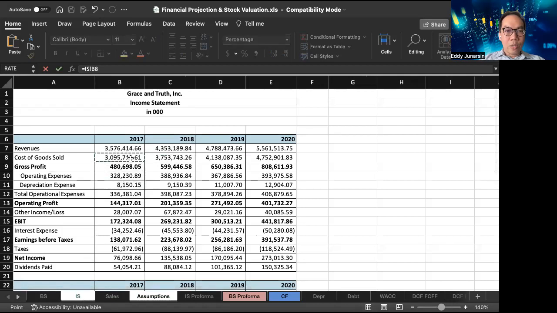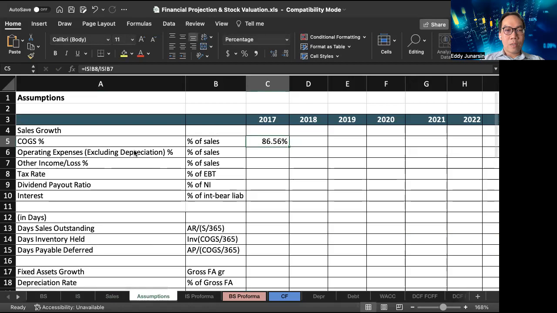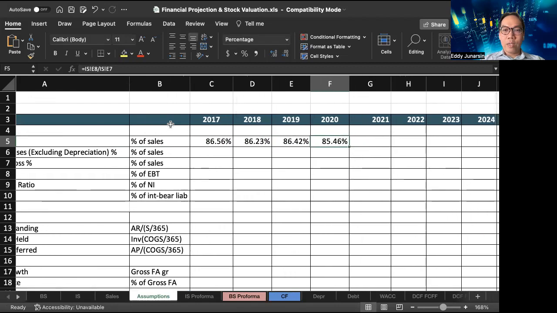The cost of goods sold in 2017 as a ratio to the sales in 2017 is 86.56%, and we do the same thing for 2018, 19, and 20.